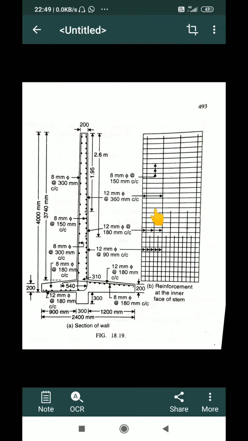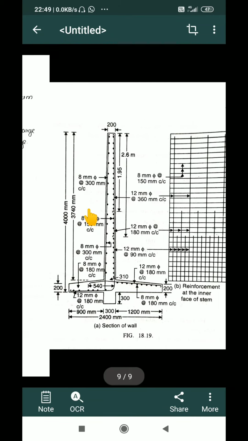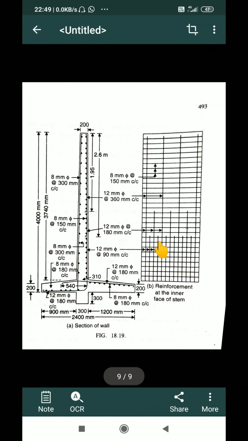Once I complete that h by 3 value, I can curtail alternate bars, and this curtailment I will do till h by 5. So here you can see I am curtailing this bar at this distance, and I will provide alternate bars till h by 5. So here these bars are 12 mm dia at 180 mm center to center.